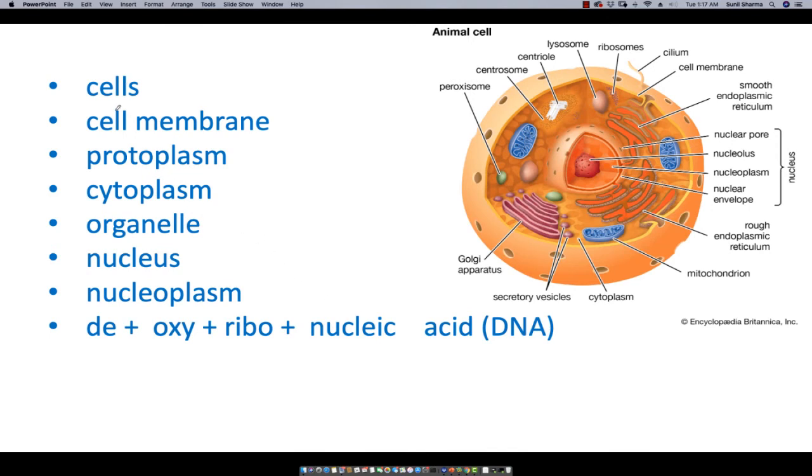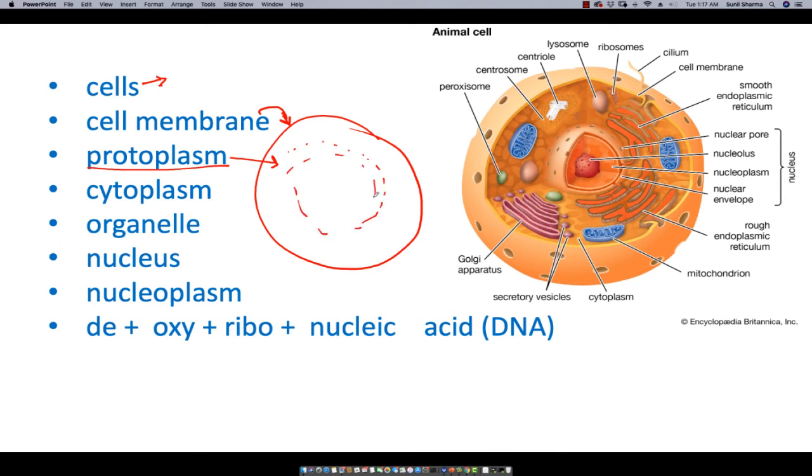And just to go over our cell structures again, if we were to draw this as an exercise for ourselves, we say, what is a cell made out of? First, I will draw a large circle, and this is called the cell membrane. Then inside here, I have protoplasm. And the first area of that protoplasm is called cytoplasm. Inside the cytoplasm, I have many, many different types of organelles.